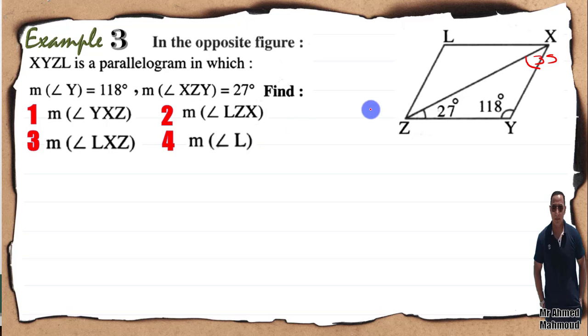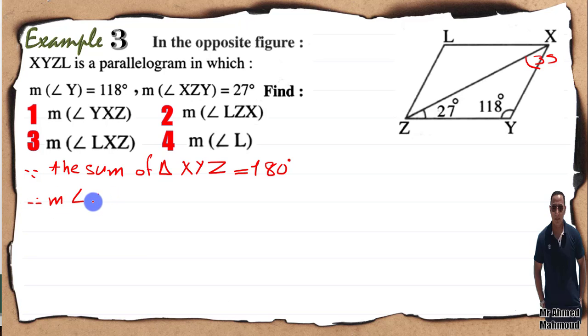Required number 2, LZX. So I'm going to write first, since the sum of triangle XYZ equals 180 degrees, therefore measure of angle YXZ equals 180 minus open brackets 27 plus 118 equals 35 degrees.